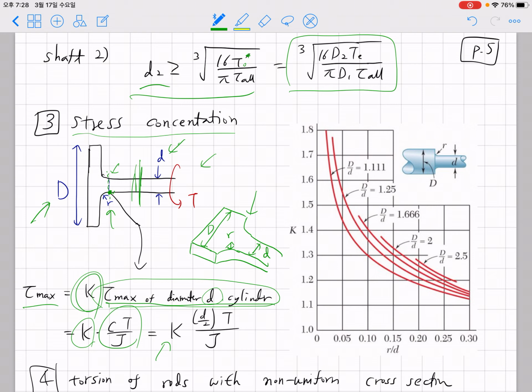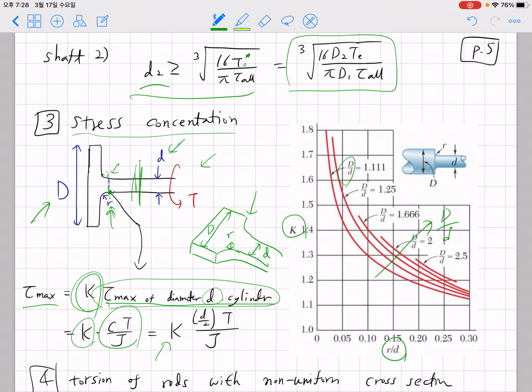Okay, and this factor K is a function of large D over small d. When we have a larger and larger D over d ratio, we're gonna have higher K. And regarding the small r and small d ratio, when we have a smaller radius of curvature, we're gonna have a higher concentration factor, and that's it. Of course, when r becomes 0, the stress concentration factor will be infinity.